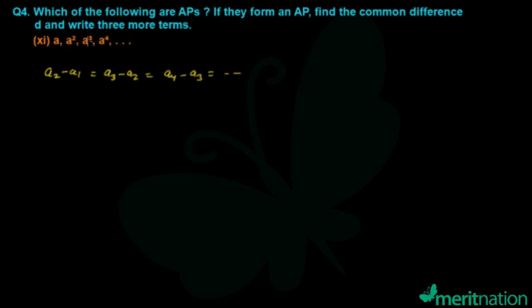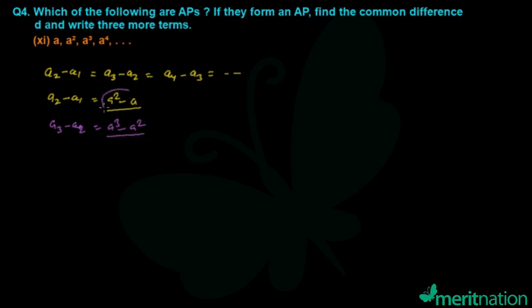a squared, a cubed, a to the power 4. Let's take a2 minus a1. a2 minus a1 is a squared minus a. Since these are not like terms, we can't subtract, so this will be as it is. The next is a3 minus a2, that is a cubed minus a squared. Again, these are not like terms, so we can't subtract.